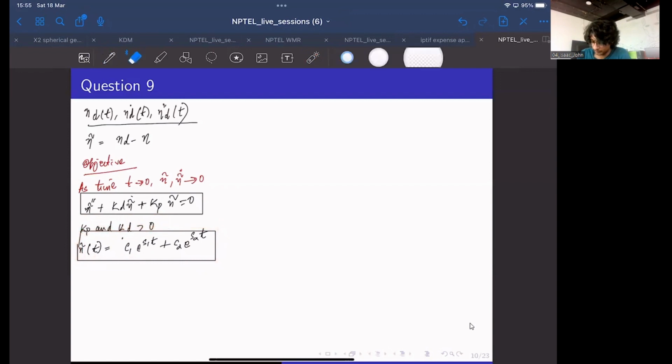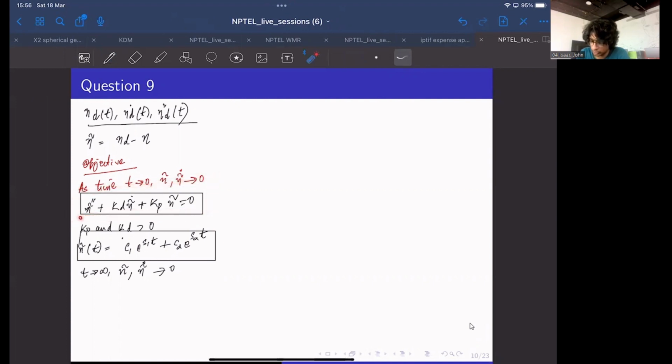And as time tends to infinity, it's fairly straightforward to see that eta tilde and eta tilde dot tend to 0 for this differential equation. And this is how we want the robotic system to behave. All right, so this is basically our objective. We want the robotic system to behave as per this differential equation.